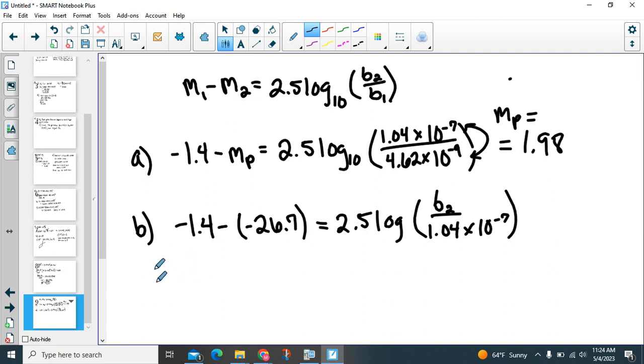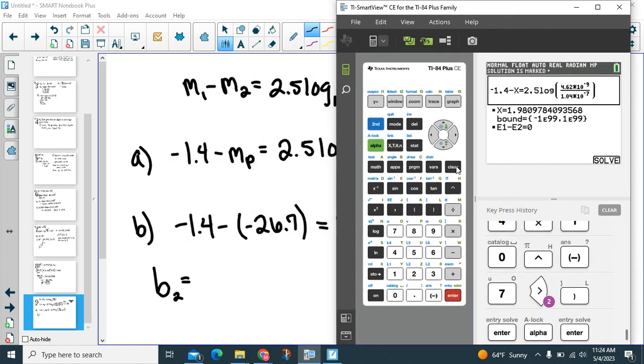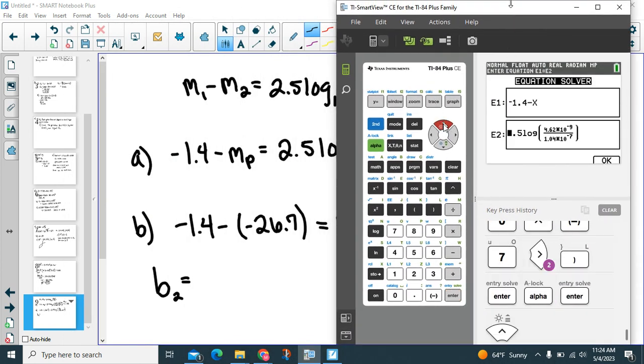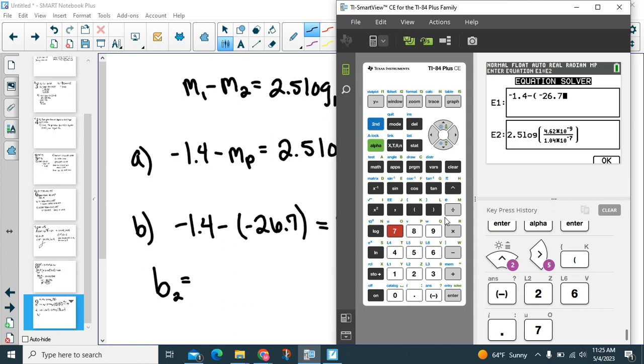All right, so here we'll be solving for B2, which is the relative brightness of the sun. All right, again, we can plug this into solver. So here, negative 1.4 minus, and here we will have negative 26.7.